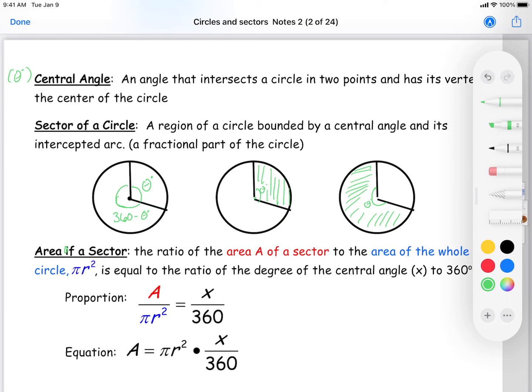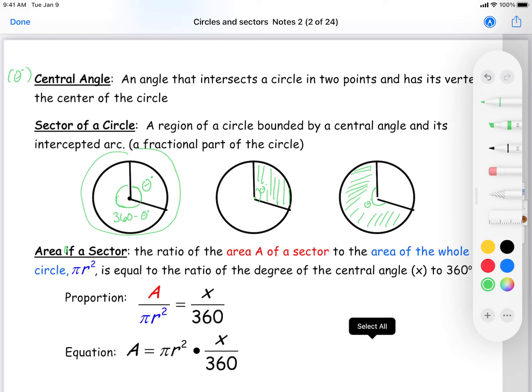Imagine that this is theta degrees of the 360, and this is the whole area of the circle. Wouldn't it cut it off proportionally, as an exact same representation of one part?